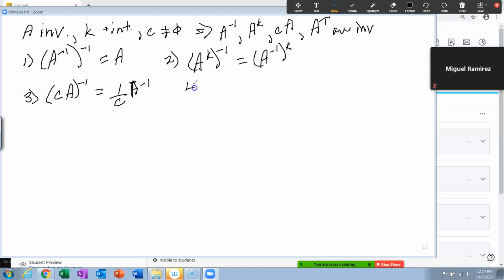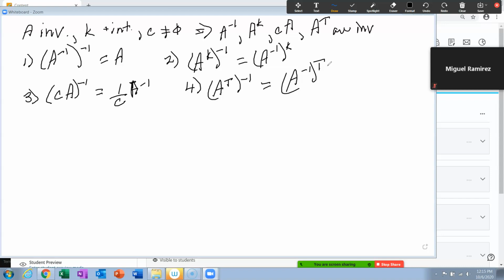And then the fourth one. If you have the transpose of A, and we've already said it's invertible, so you can take its inverse, and if you do that, it happens to come out being A inverse, guess what? Transposed. And that is indeed the case. Now they do have a little proof here, and it takes several lines, so I'll let you work through the proof if you're interested.